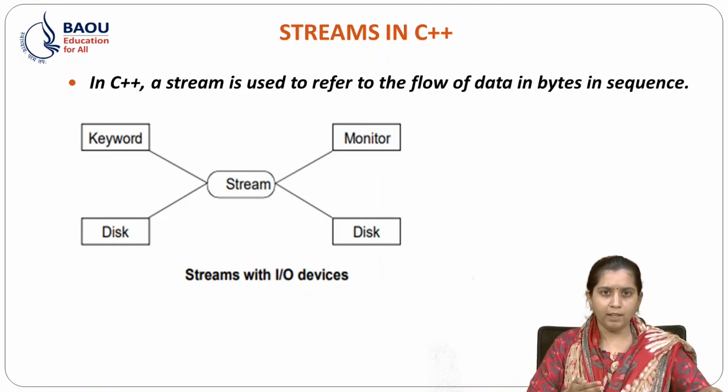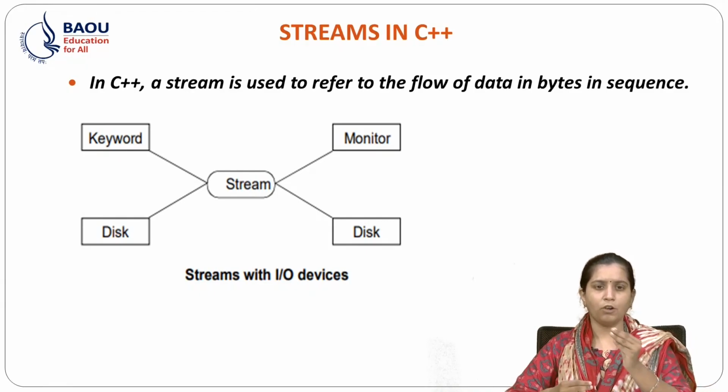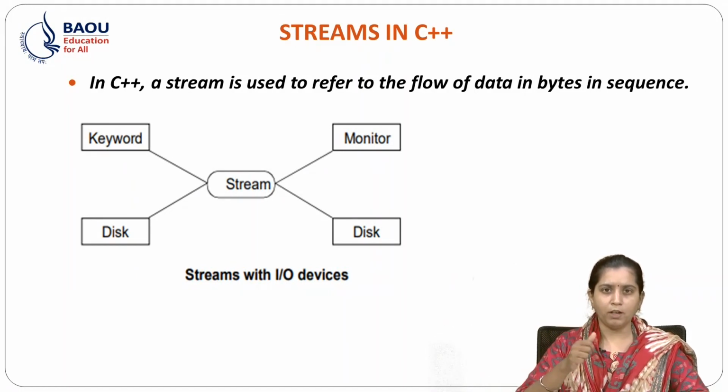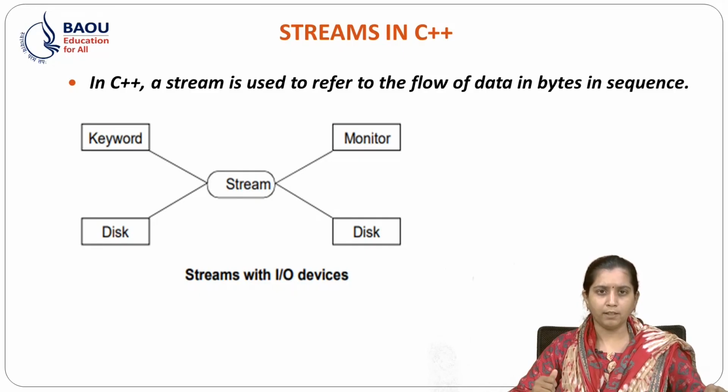When the data is passed to the output device, then it is called a destination stream. The data received from keyboard or disk can be passed on to the monitor or to the disk. The following figure describes the concept of stream with input and output devices.